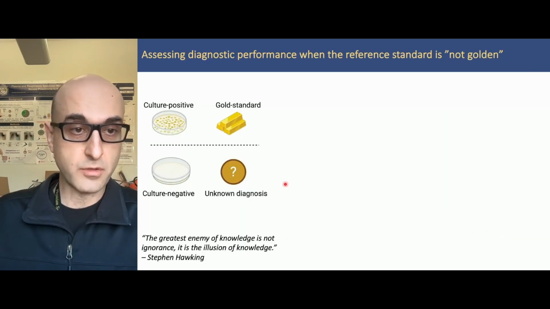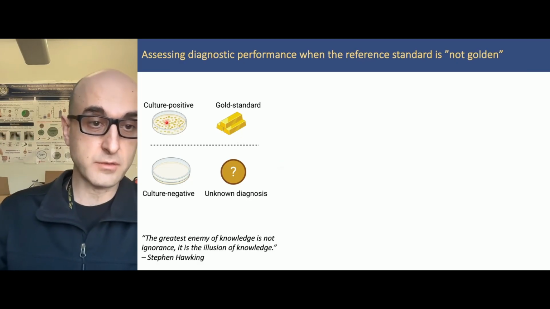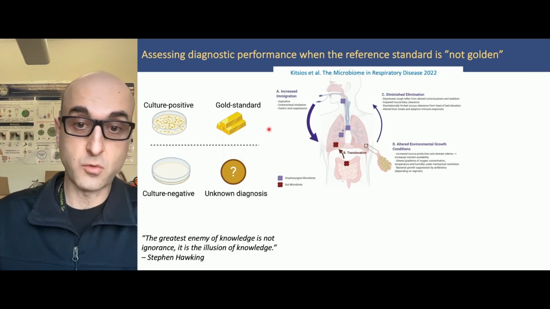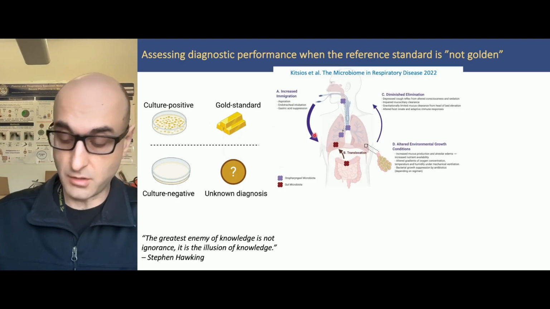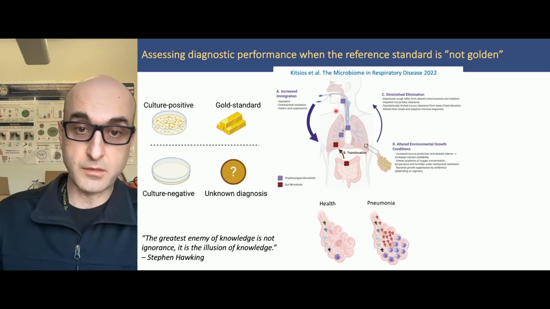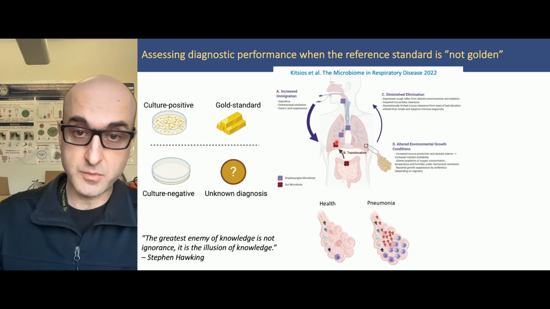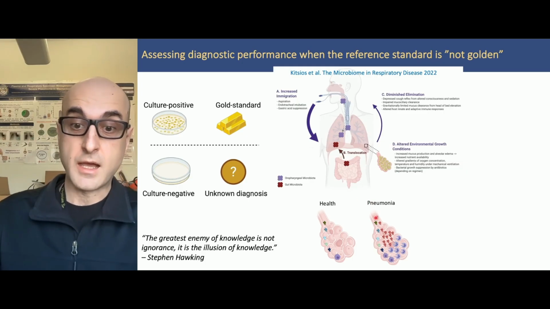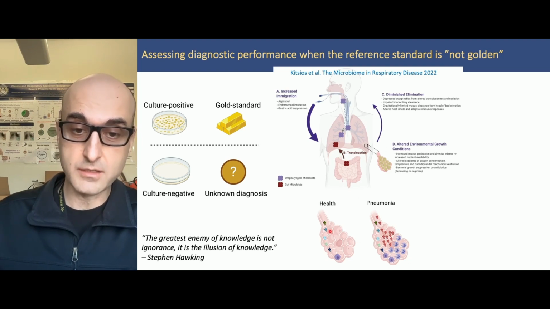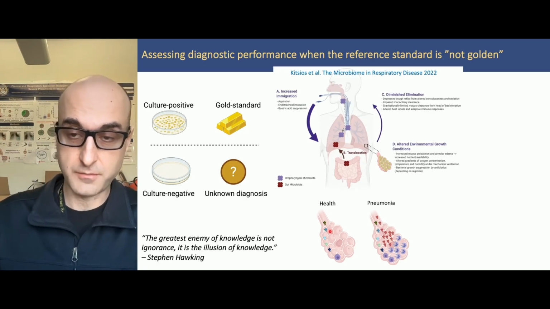And expanding a little bit more on this, we have this framework that we consider culture-positive cases as a reference standard. And we expect then, based on what we know from the ecology of pneumonia and the respiratory microbiome, that is shaped by increased immigration of bacteria from the upper to the lower respiratory tract, decreased elimination, altered environmental growth conditions, that in the context of pneumonia, we would have high pathogen abundance displacing that low-abundance, highly diverse, low-biomass microbiome of health.